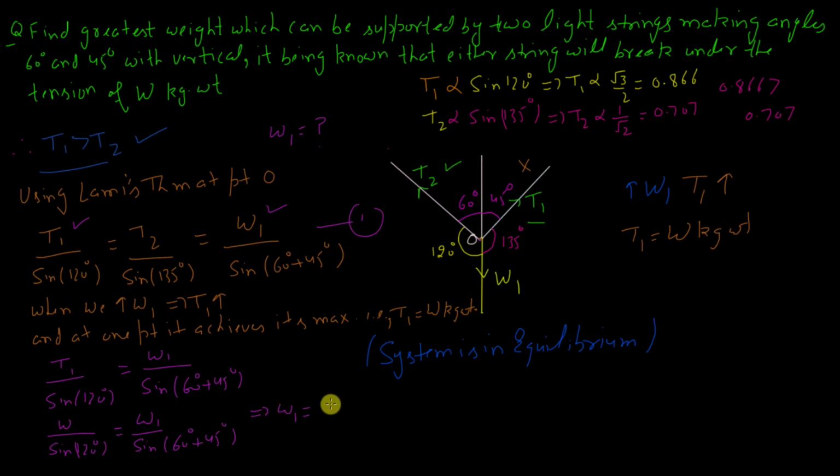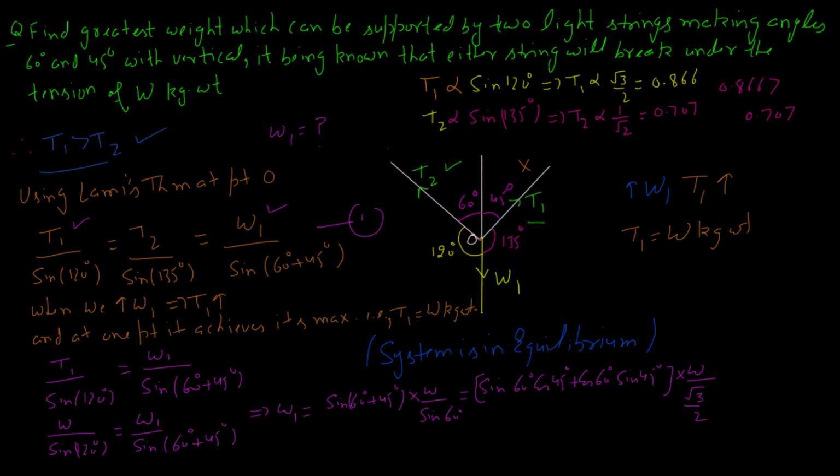This implies that we have to find W1. W1 is equal to sine 60 plus 45 degree into W by sine 120 degree, which is sine 60 degree. Now use the formula of sine A plus B. It will be sine 60 degree cos 45 degree plus cos 60 degree sine 45 degree, into W by sine 60 degree, which is root 3 by 2.